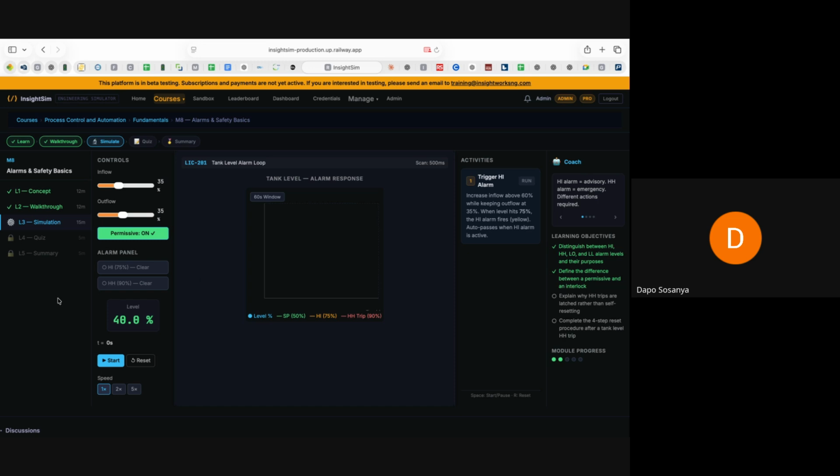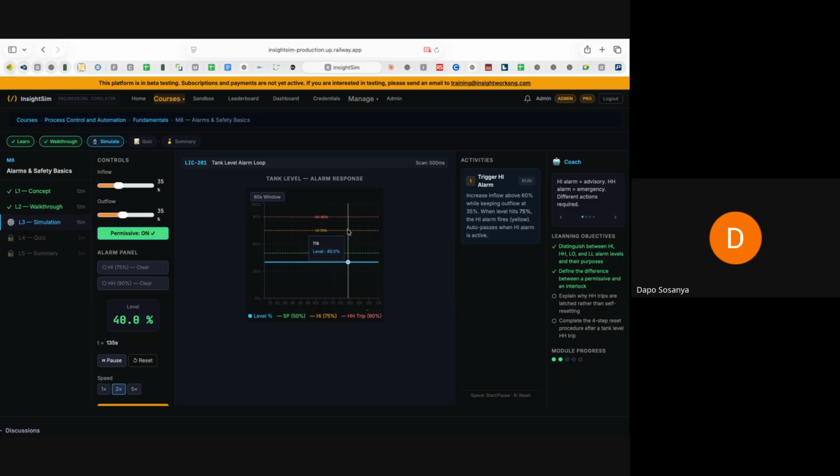Okay, so let's get into this. Let's start. Let me just use 2x so that we can see. So you can see the process. The level is at 40%, the set point is 50%.